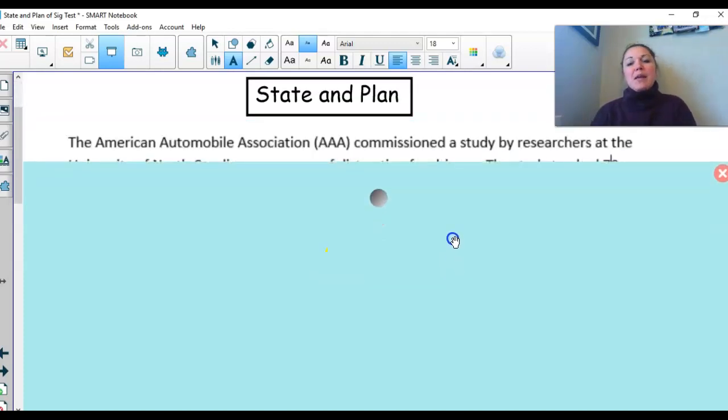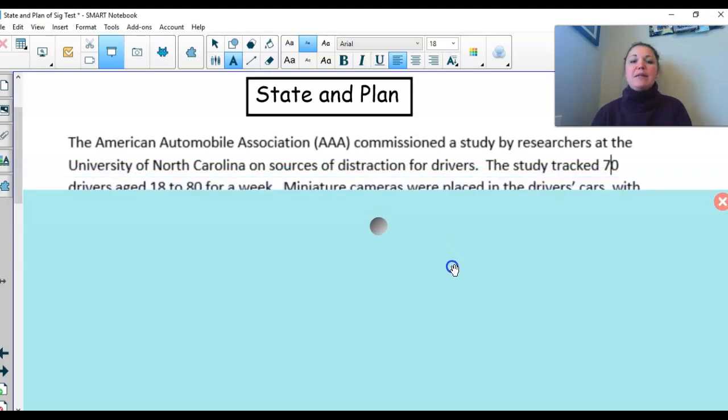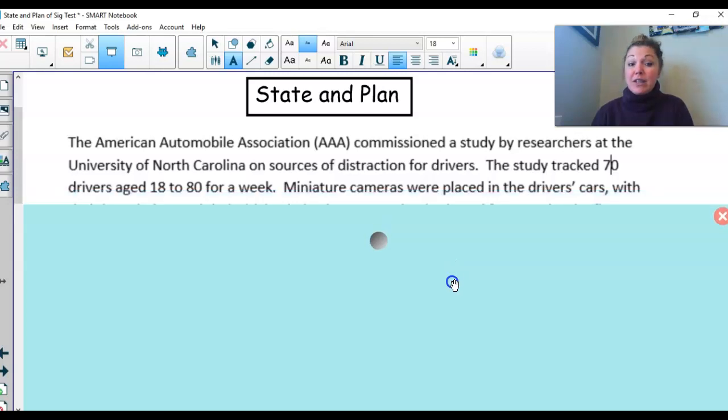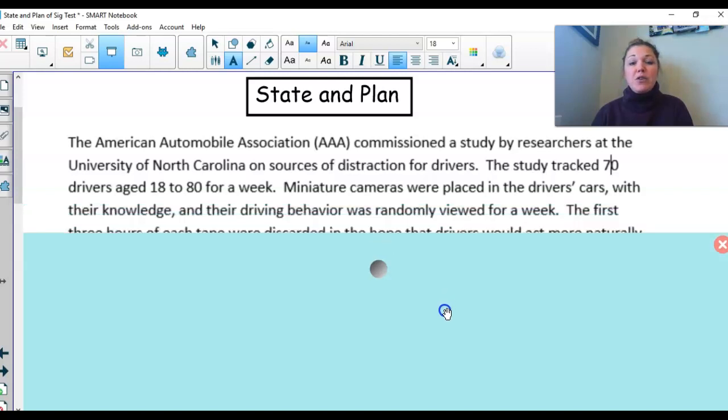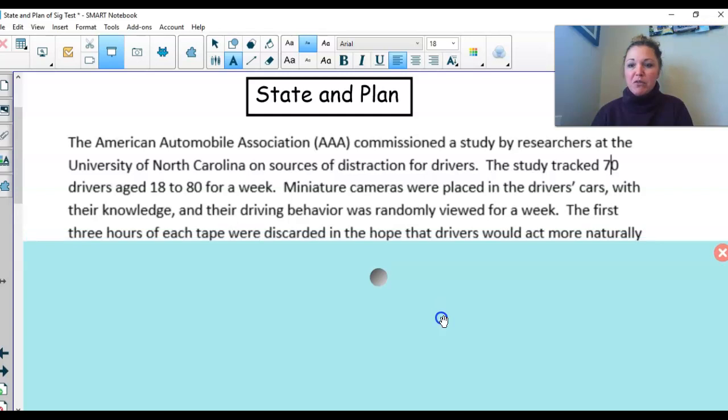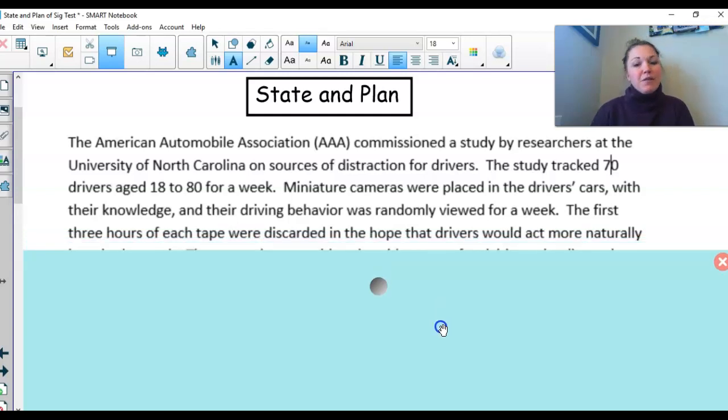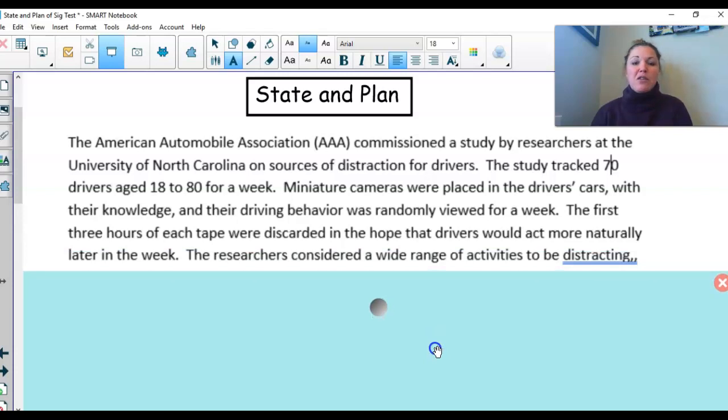The American Automobile Association commissioned a study by researchers at the University of North Carolina on sources of distraction for drivers. The study tracked 70 drivers aged 18 to 80 for a week. Miniature cameras were placed in the drivers' cars with their knowledge, and their driving behavior was randomly viewed for a week. The 3 hours of each tape were discarded in hope that the drivers would act more naturally later in the week.